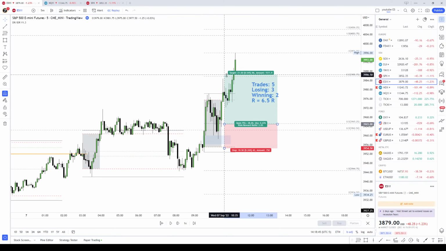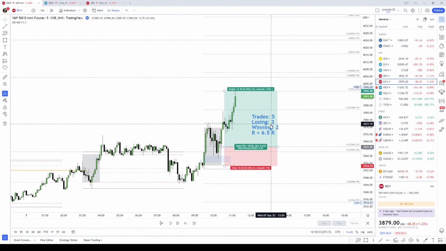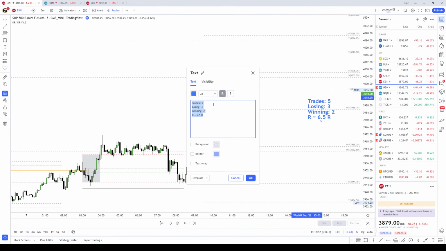No, am I right? 1 R plus 1.5, so 2.5 R. Trade done. That's it. 6 trades, 3 winning. And we are going to 9R plus.